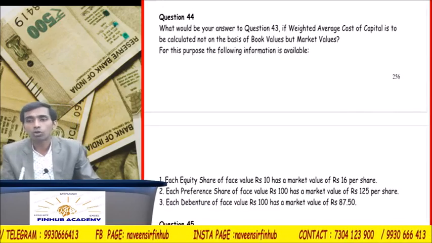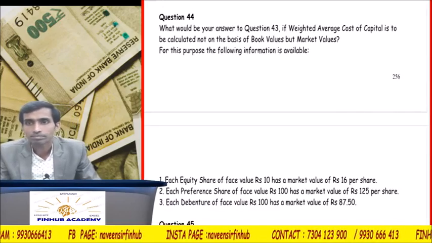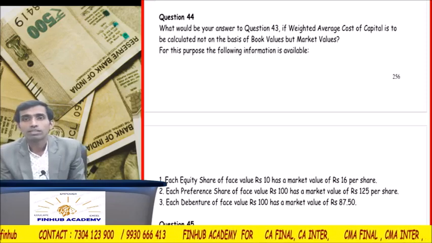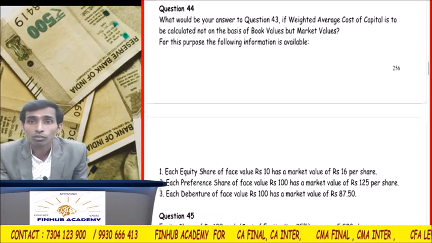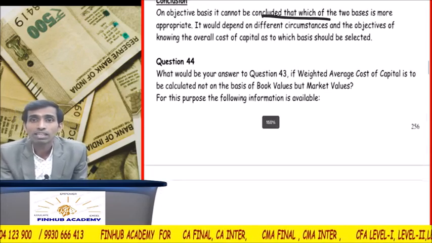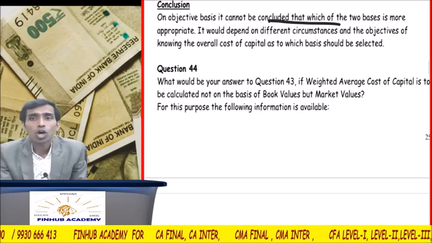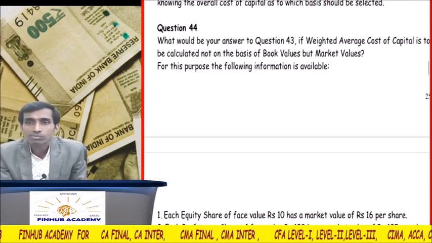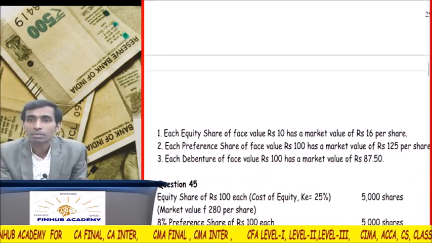Question number 44. What would be your answer in question number 43 if weighted average cost of capital is to be calculated not on the basis of the book value but market value? For this purpose, the following information is available.